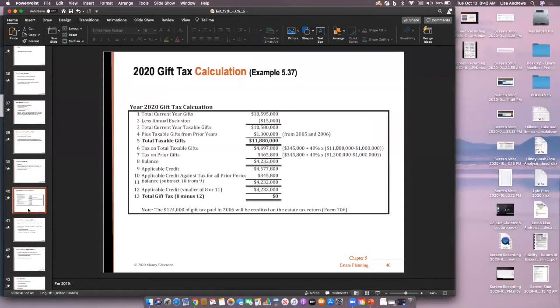All right, this brings us all the way to the calculation of gift tax.